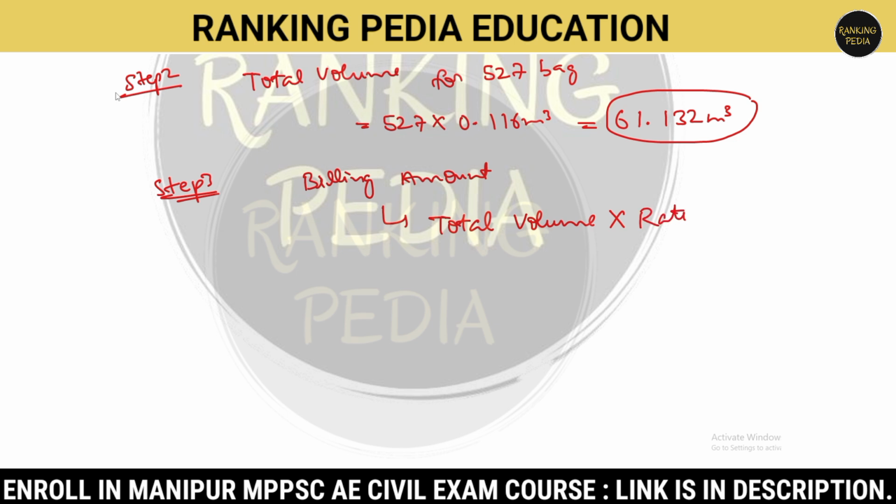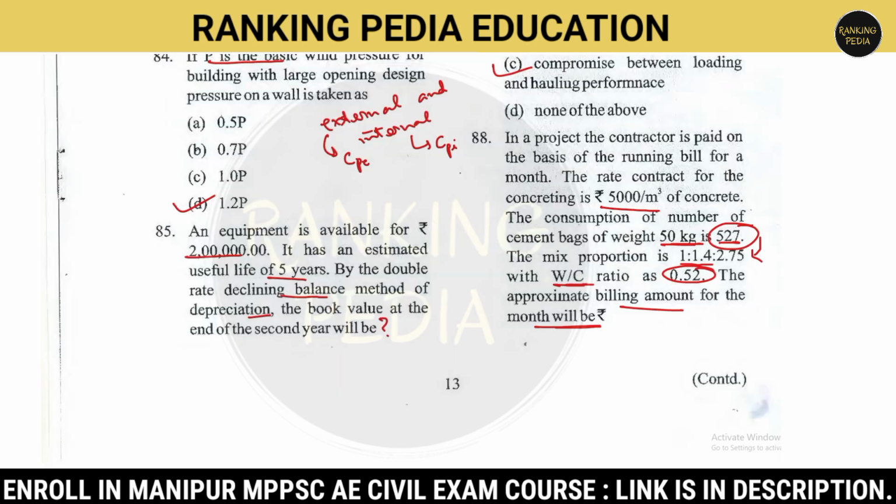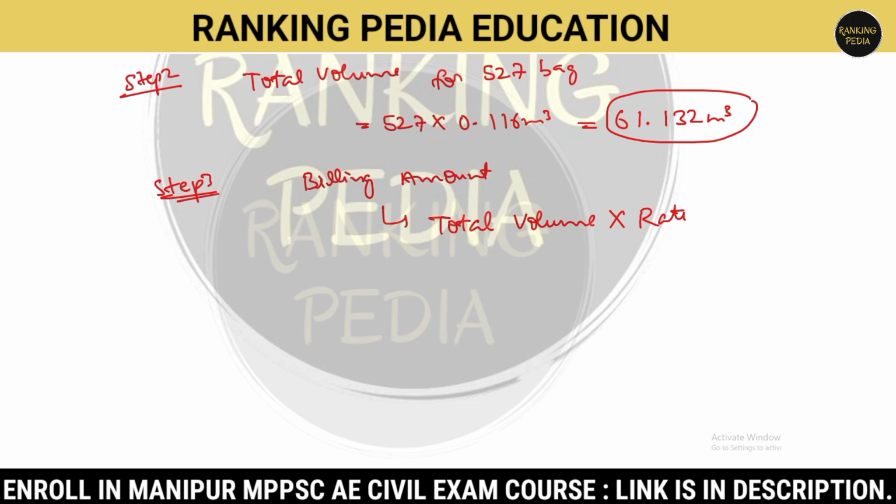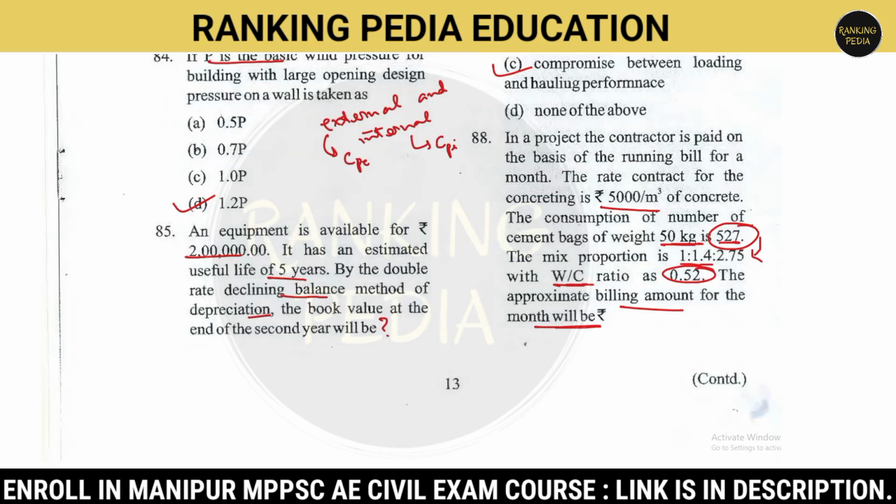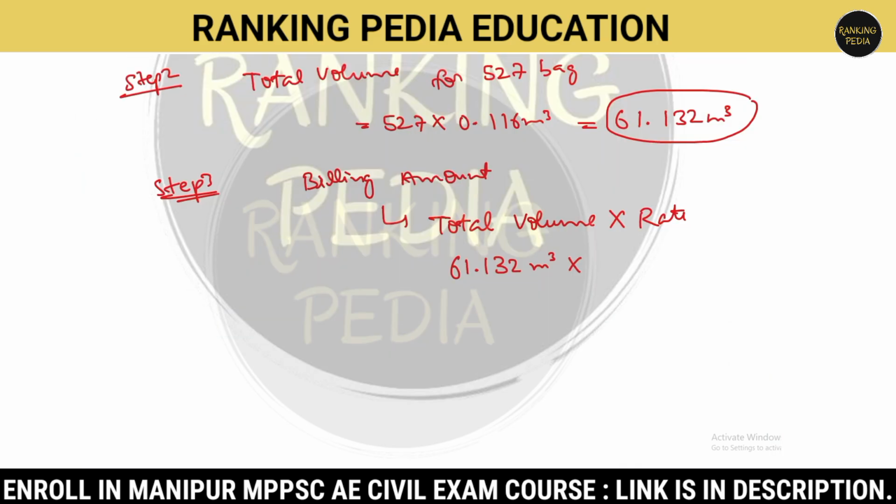We have calculated the total volume, so the total volume is 61.1 meter cube. The rate is mentioned over here, the rate of contract, which is 5,000 per meter cube. Okay, 5,000 per meter cube is the rate.